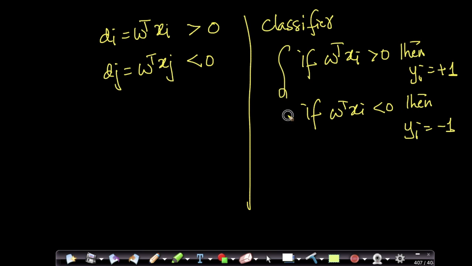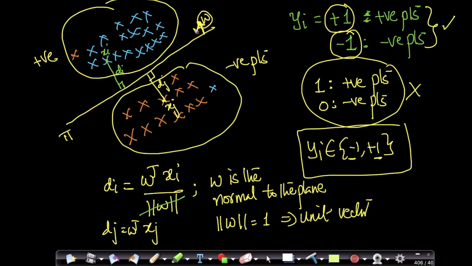This is what my classifier will look like, because once I discover a plane, everything on this side of the plane is a positive point, and everything on this side is a negative point. Of course, I'll make mistakes, because this point is actually negative but I'm classifying it as positive, and this point is actually positive but I'm classifying it as negative.